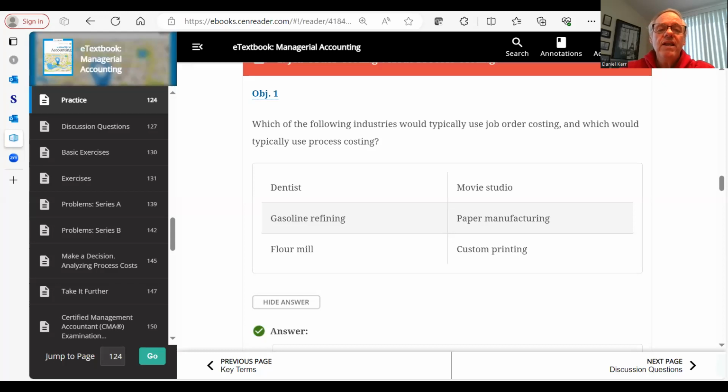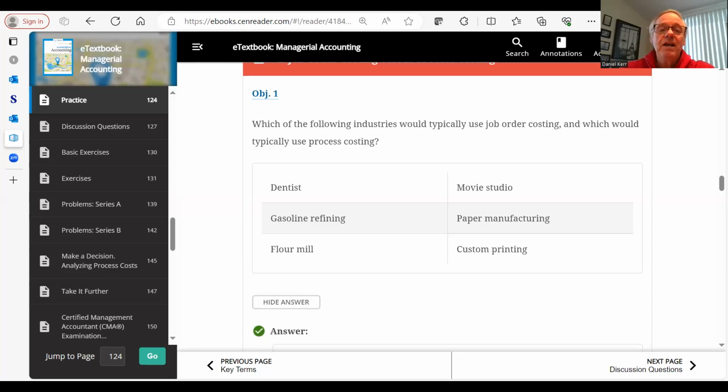So you would take each of these individually. Every mouth is different. So I called my dentist the other day, and I told them that I had a problem with two front lower teeth, and they immediately wanted to know what number teeth they are. They said I didn't have them memorized. So dentist would be an example of job order costing, because again, each mouth is unique.